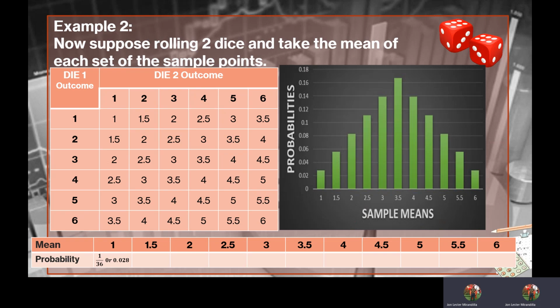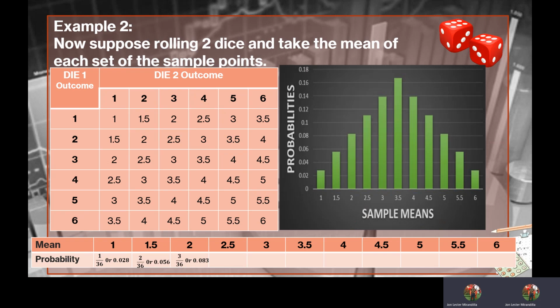Tama ba? Or in decimal form, we have 0.028. Ngayon, dito sa ating 1.5, ilang beses ba lumabas si 1.5 kanina? Dalawa, di ba? Kaya 2 out of 36. The probability of getting a mean of 1.5 is 2 out of 36, or 2 divided by 36 is 0.056 in decimal form.